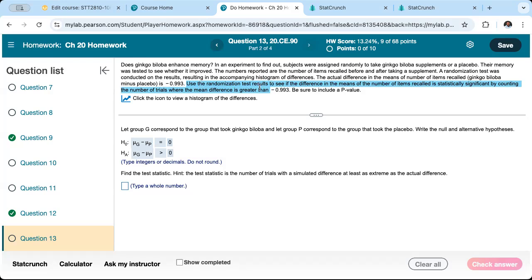This just means we are going to count to see if the means of the number of items recalled is statistically significant by counting the number of trials where the mean difference is greater than this value here. Is that okay? So let's click on this thing here.